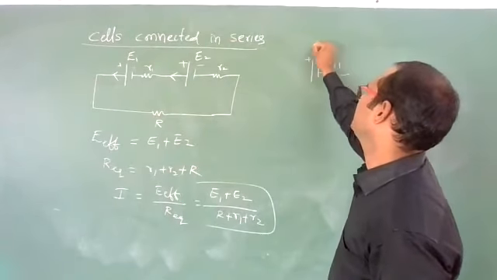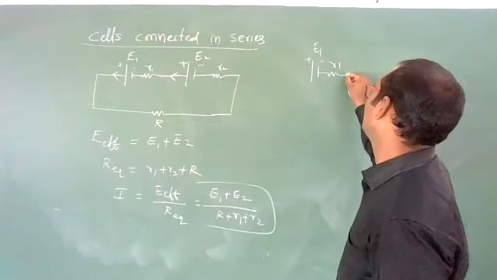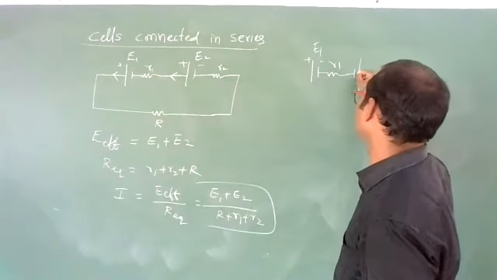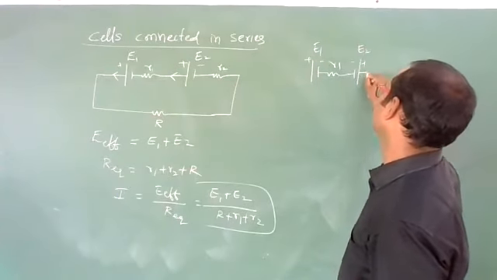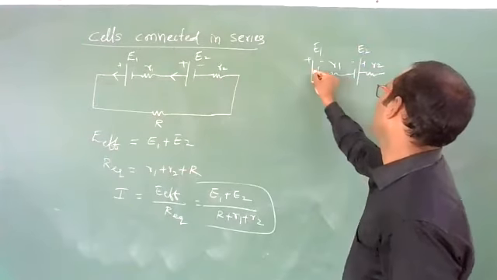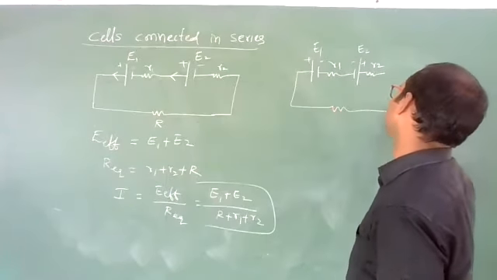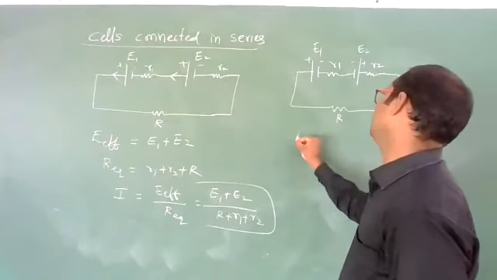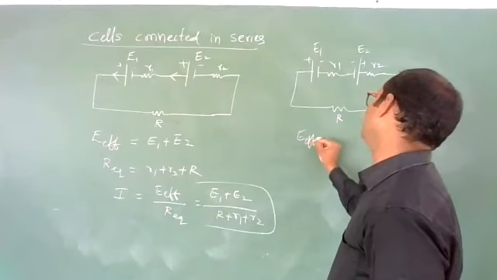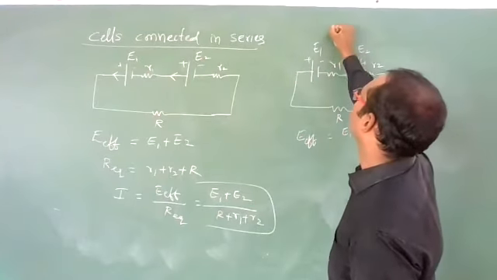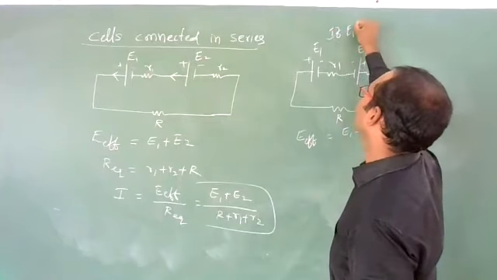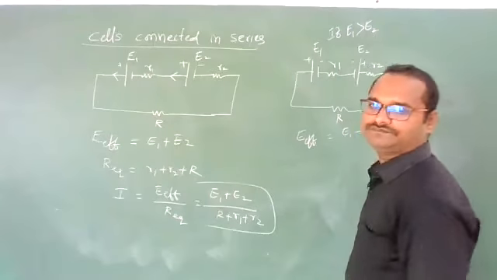Plus minus E1. Now one more battery is connected like this, let us suppose E2, plus minus, with internal resistance r2, across one load resistor capital R. Then E effective will become E1 minus E2, if the E1 value is greater than E2, only then.